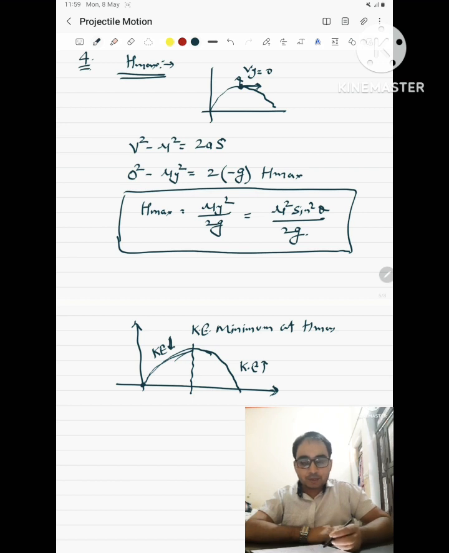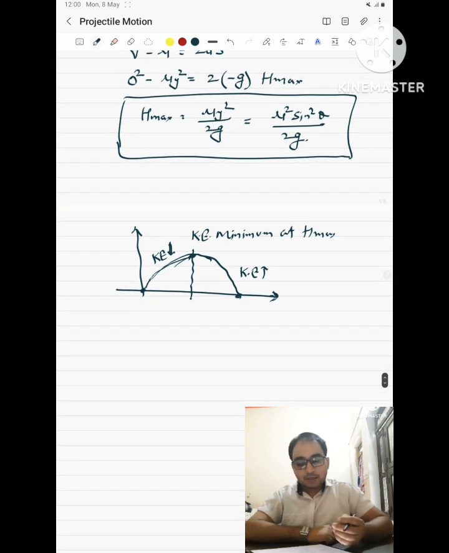So this is the conclusion on kinetic energy. If we use the energy conservation theorem, at maximum height the potential energy will increase and the kinetic energy will decrease. So at maximum height the kinetic energy is minimum, whereas at the initial point and the final point the kinetic energy is maximum.